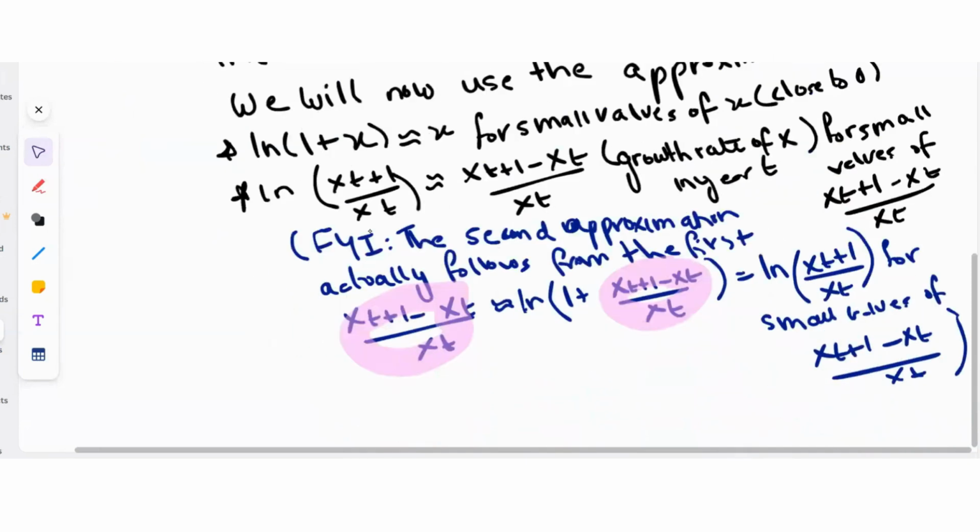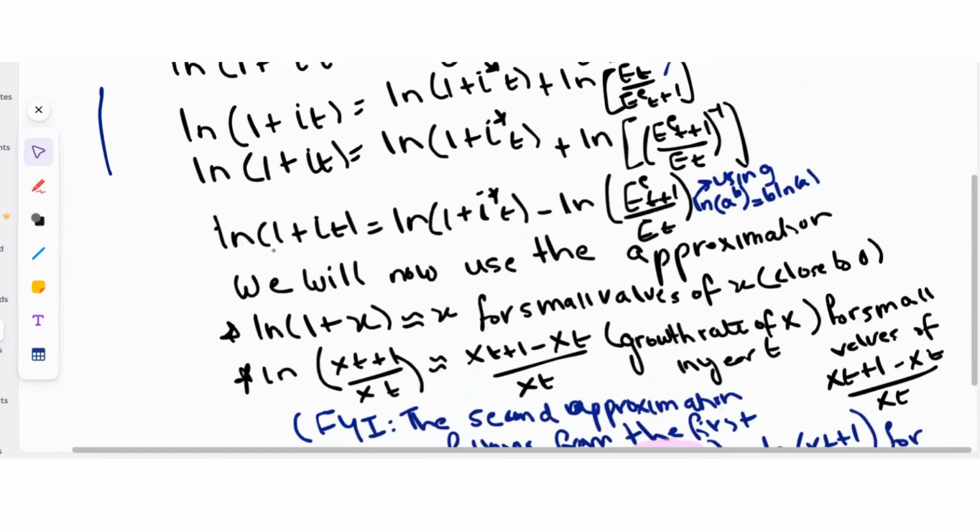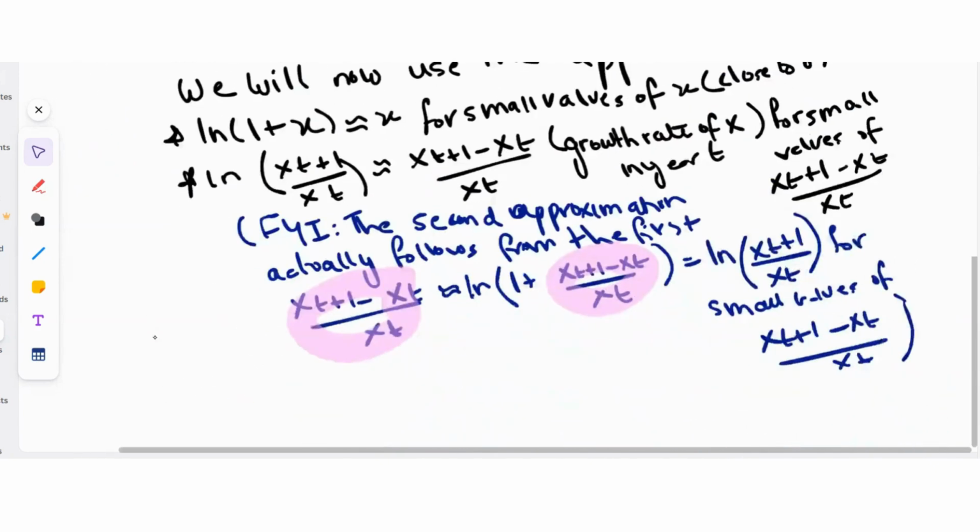So we're going to use these approximations: that ln(1 + x) is approximately x, and that ln(E_{t+1}/E_t) is approximately equal to the growth rate of the exchange rate in year t.